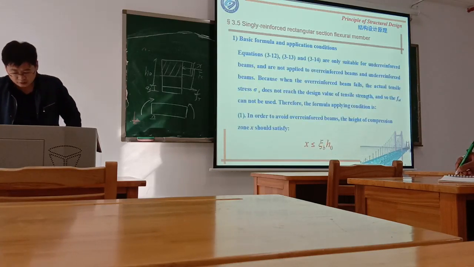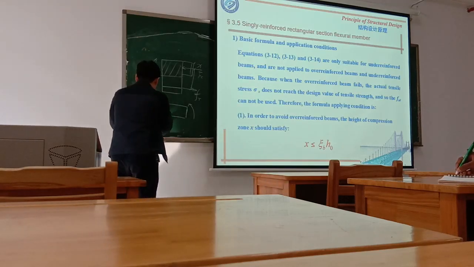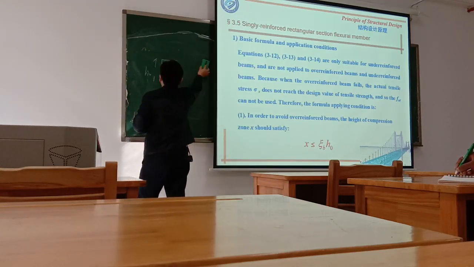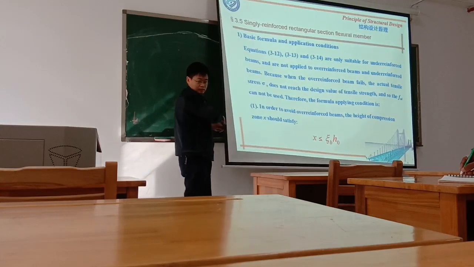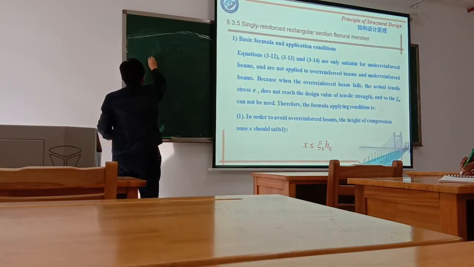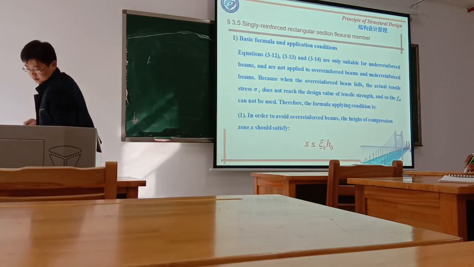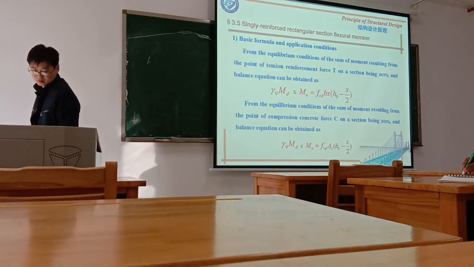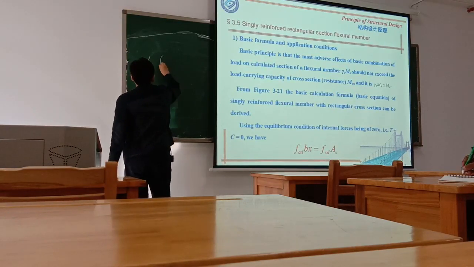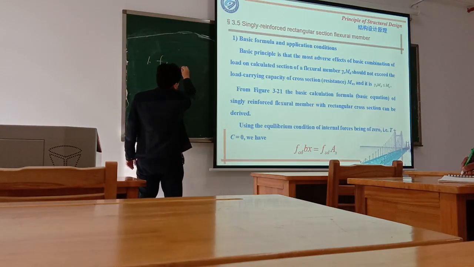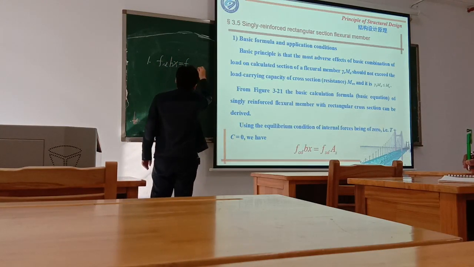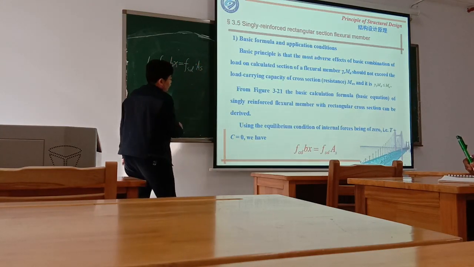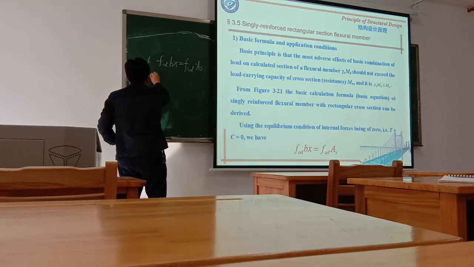So from these three formulas, we write them down. First one: fcd b x equals fsd As.